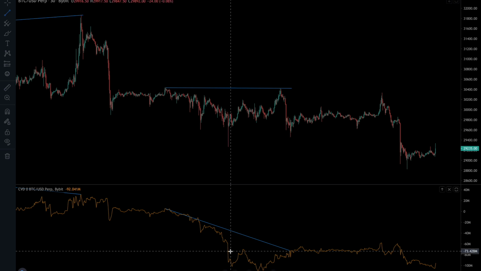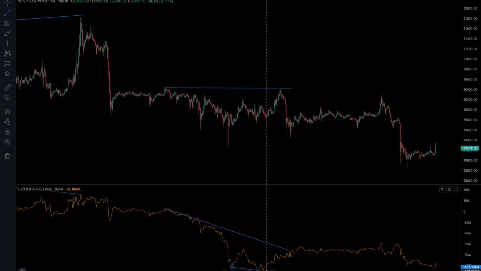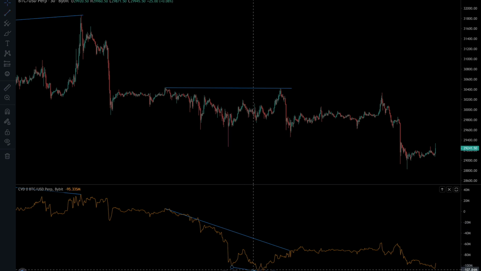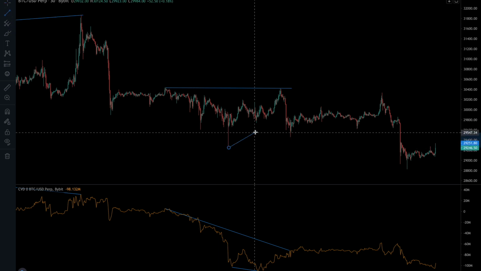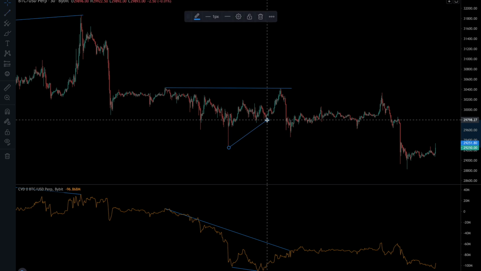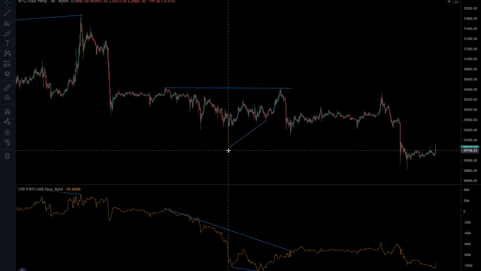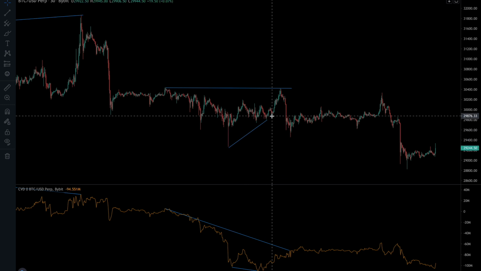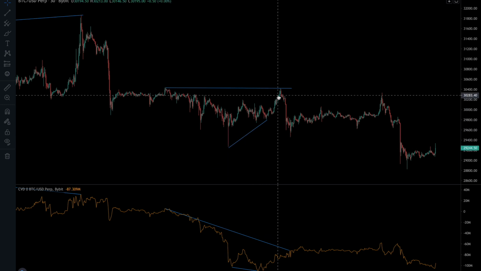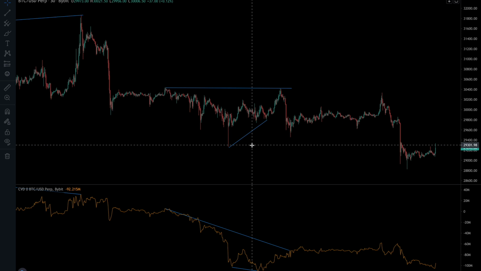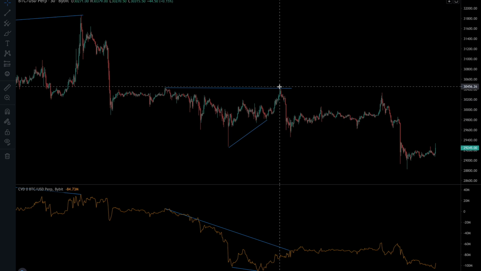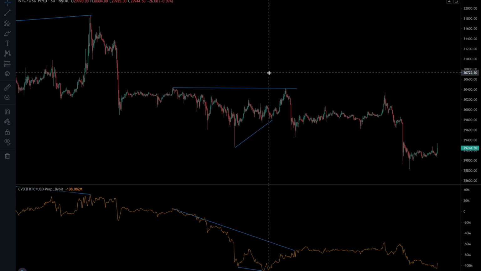Interestingly, also here you could see some absorption, as CVD was making a lower low, while here you can see a higher low in market price. So maybe it was one last distribution of the big players. They were able to absorb the selling, they were able to push the price higher, but then because of this lack of market participants, the price broke down again.